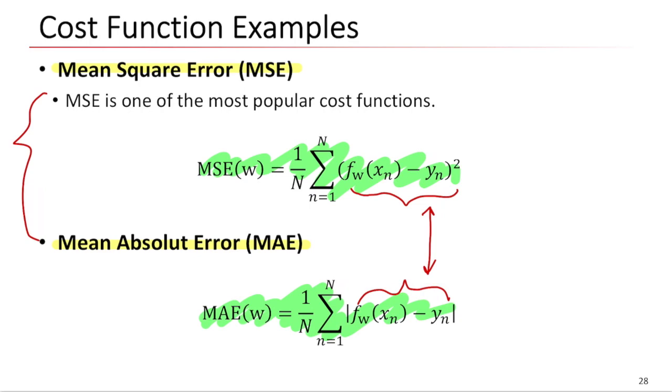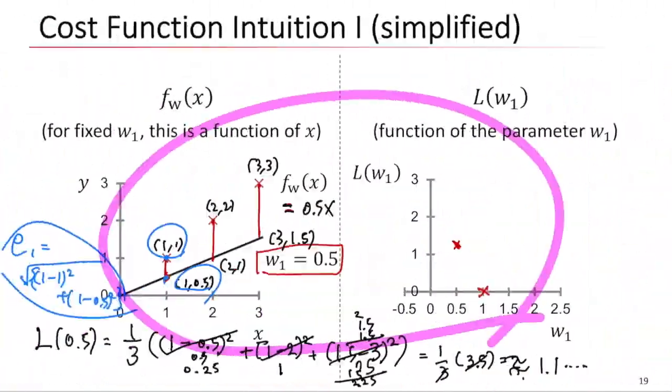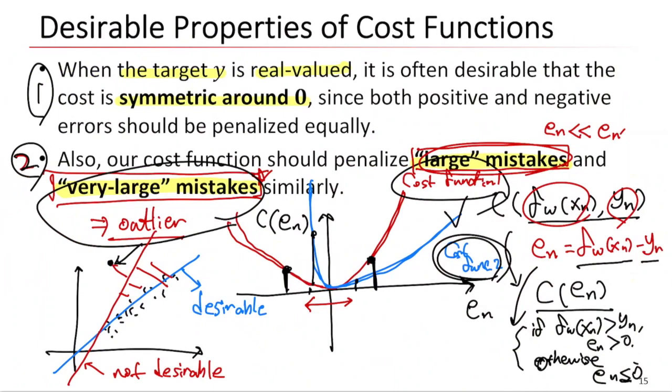Okay, so let's think like that. Do you remember the two desired properties of the cost function? Where's that? Yeah, here. What was that? The first one is that the cost function should be symmetric around 0, right?